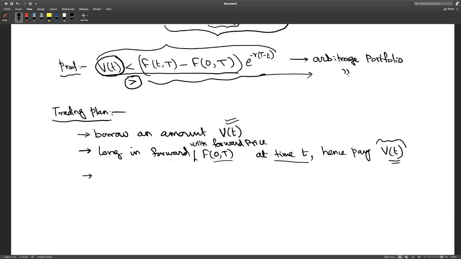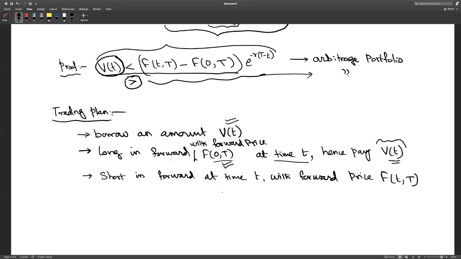Now what you do, you give this contract to your friend and take a short in the same forward at time t with forward price f of t comma capital T. Whether you take short or long, you don't need to pay any price for that, because you are taking the contract for this price at time t. You see, time is matching, therefore that comes free. Here this time and this time are not matching, that is why it includes a value. These are the plans.